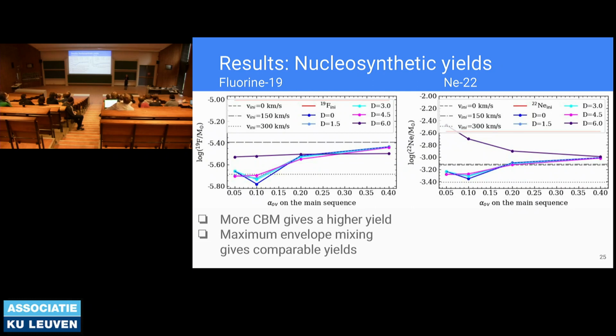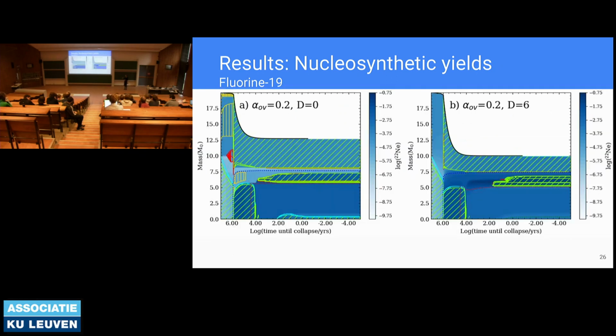So in most of the yields, it's a very complicated interplay between the diffusive timescales, the burning timescales, and what was present when. For example, with neon, you won't see it become lighter over here, and here you can see it very slightly. For the fluorine, you can see that there is a color gradient going up. So for more envelope mixing, we actually start destroying more fluorine in the envelope compared to the non-mixing one.